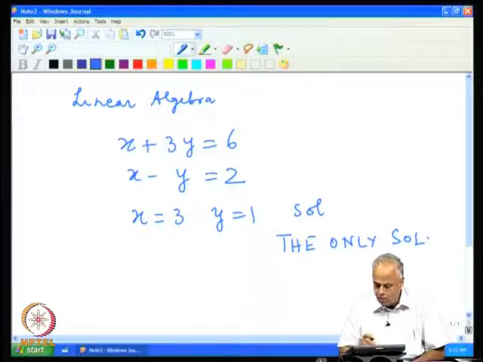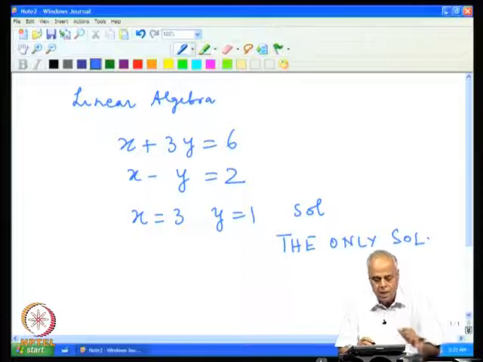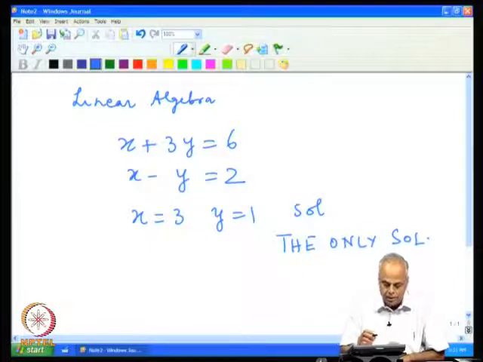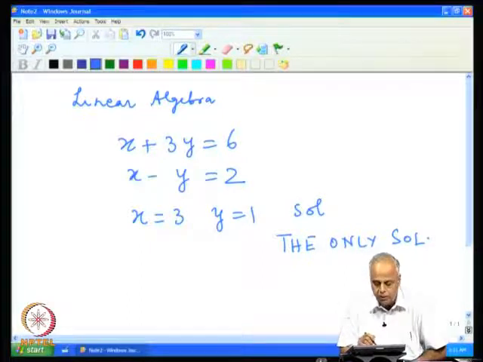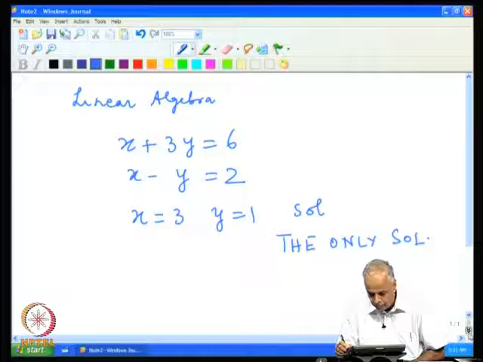We can also geometrically interpret this as the intersection point of two lines, one of which is represented by the equation x plus 3y equal to 6, the other one is represented by the equation x minus y equal to 2, and (3, 1) are the coordinates of the point of intersection of these 2 lines.